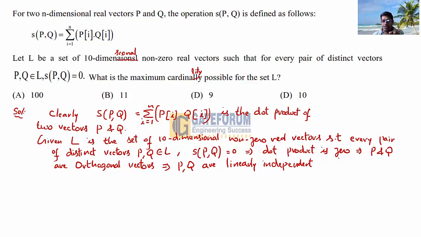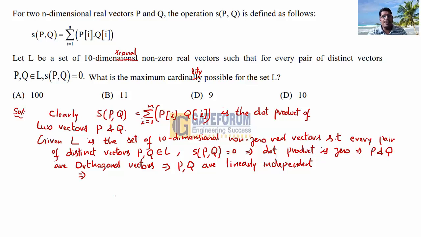A set of orthogonal non-zero vectors is always linearly independent. So whenever you take two distinct vectors in the set L, which contains 10-dimensional vectors, the dot product is 0.